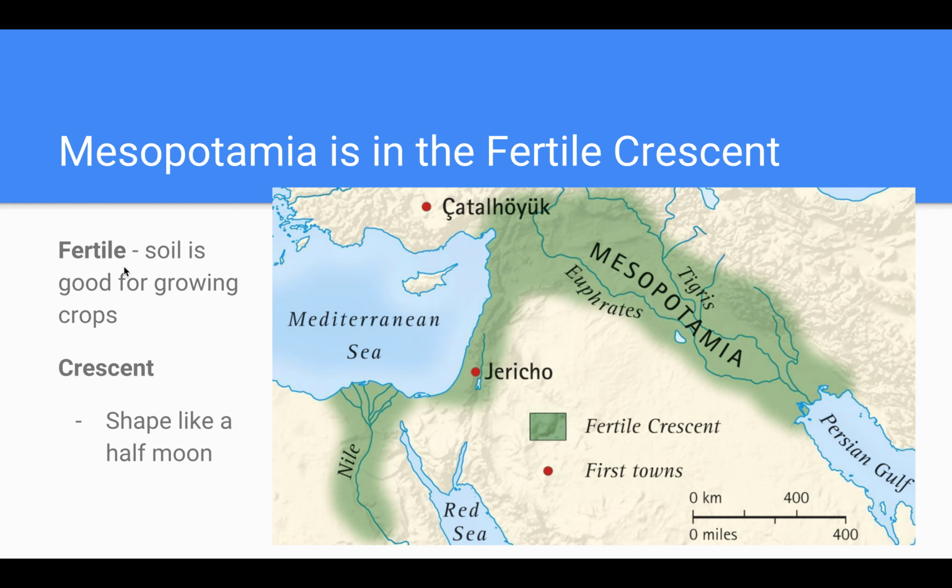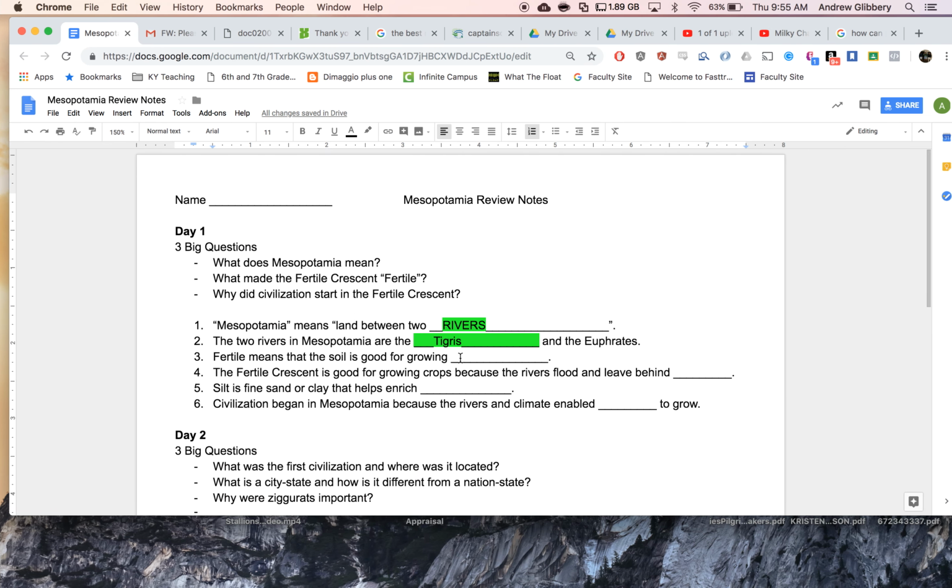First of all, fertile is a word that means soil that is good for growing crops. If something is fertile, it's able to produce goods or crops. So in this case, the Fertile Crescent has good soil that can grow crops. And so number 3 on your notes, fertile means soil that is good for growing crops.